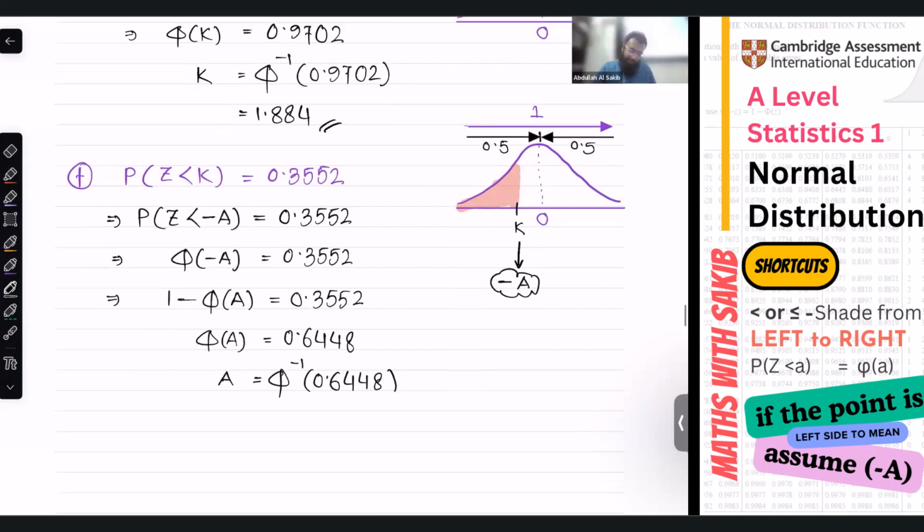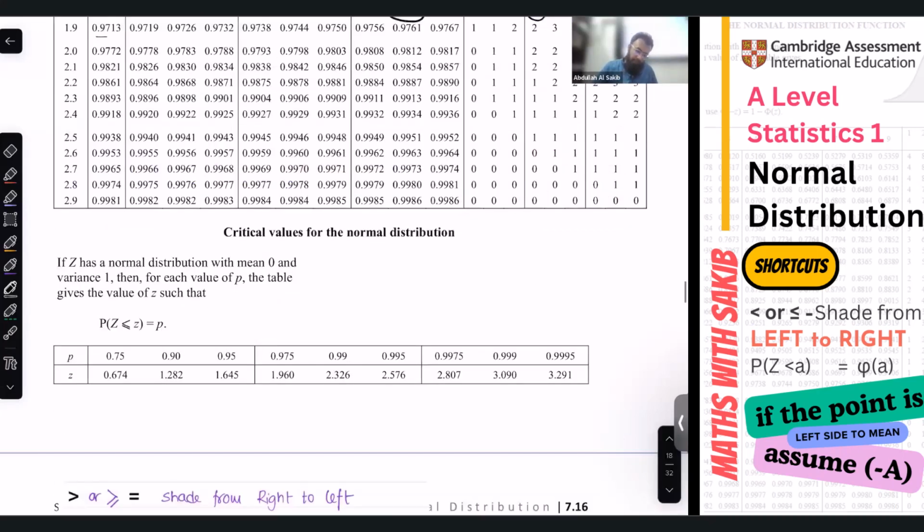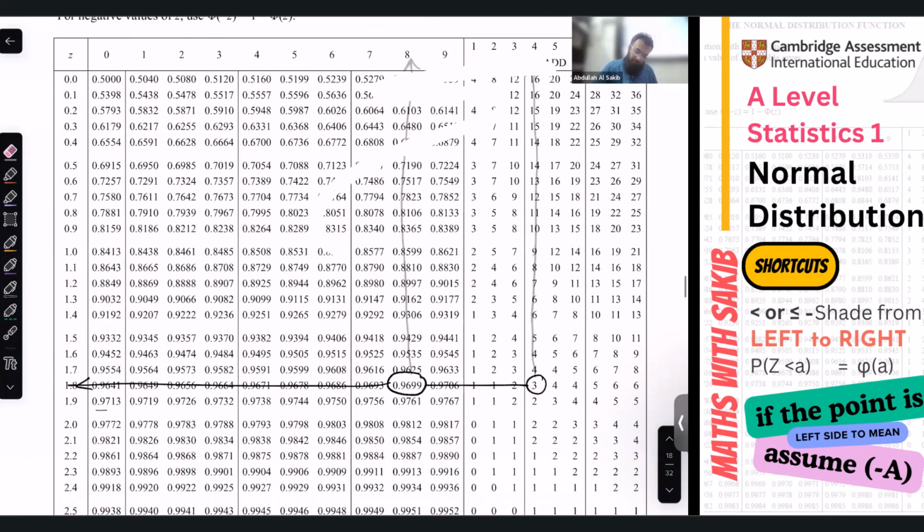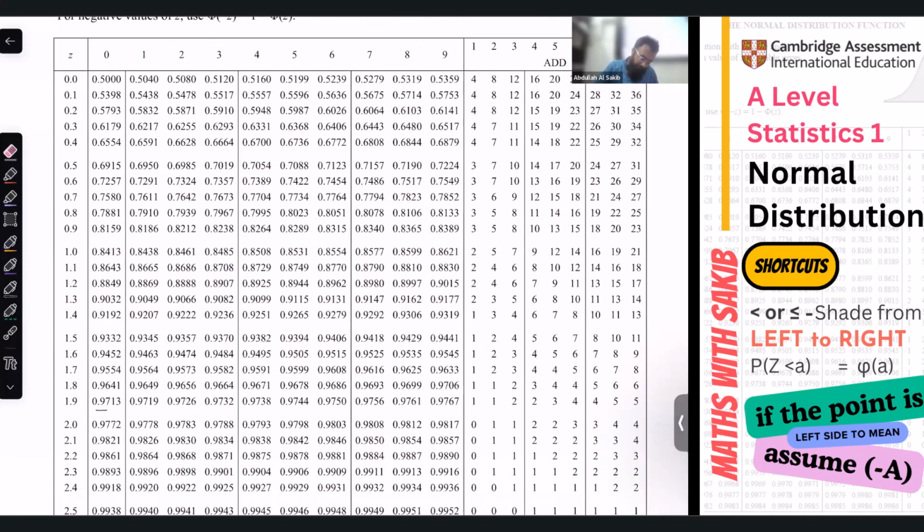Okay. Next. So let's find the value of A for which the probability is 0.6448. 6448. This is 6443 and we need 5 more. Yeah, but we don't have 5. So we'll try to take the closest one.